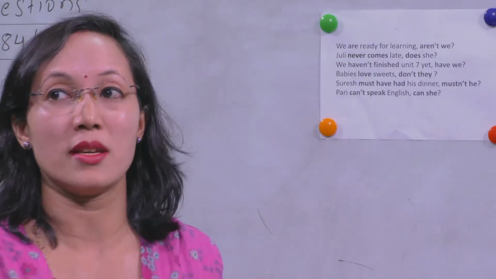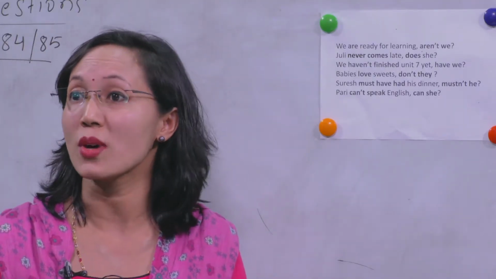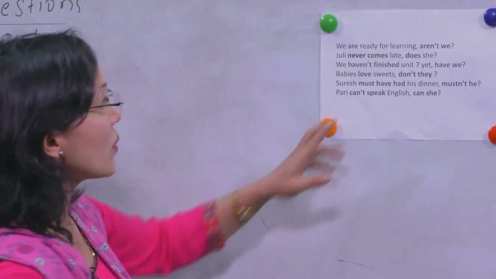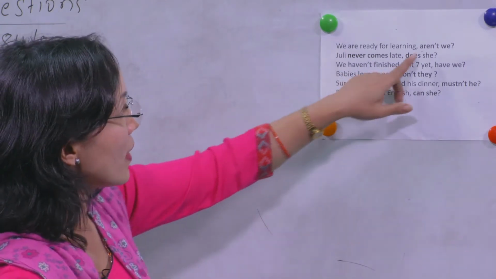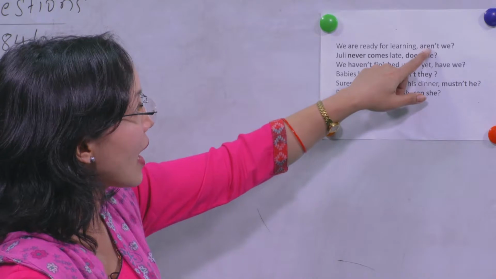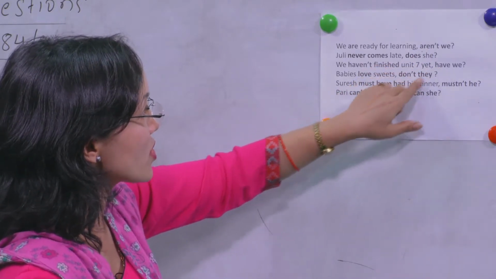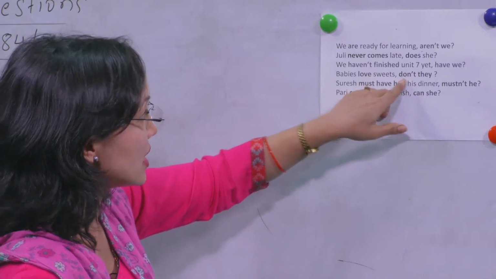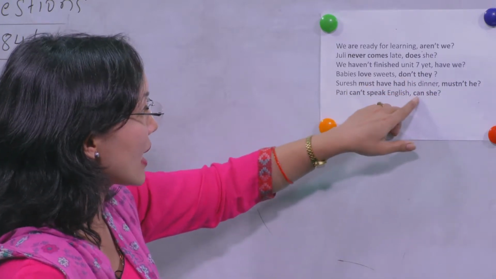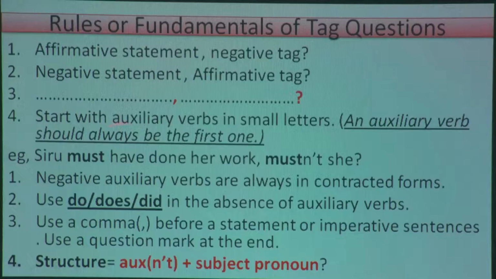Now what is said here: start with auxiliary verbs in small letters. So have you noticed, like are, aren't, does, do, have, haven't, don't, must, am, can, see. They are started with small letters, okay. And auxiliary verbs should always be the first one.